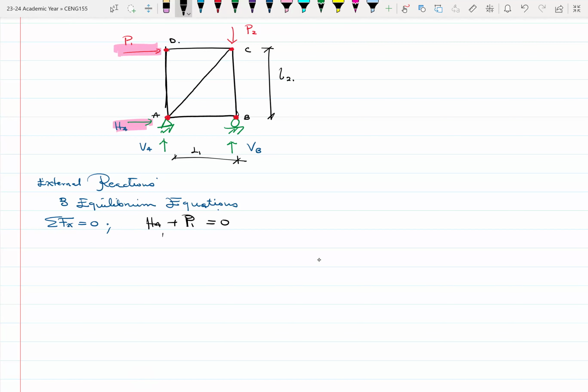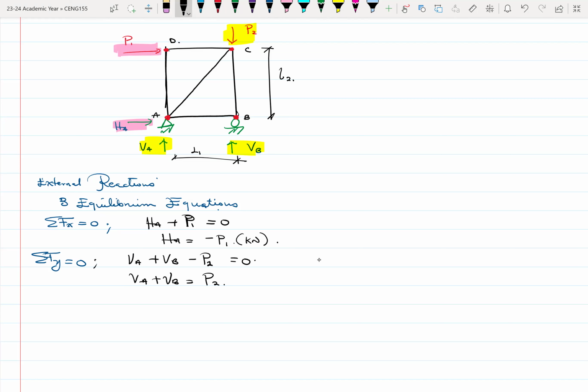So HA will be equal to minus P1, which should be in kilonewtons anyway. Now when we sum vertical forces, again we have VB, VA, and then P2. VA is upward, VB is also upward, P2 is downward, so that will be negative, equals 0. So VA plus VB equals P2.